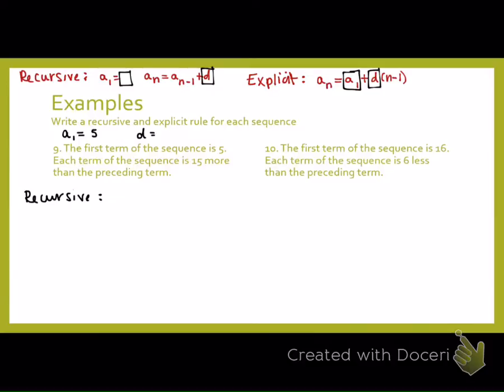What is my common difference, Iris? So D is 15. Very good. So Morgan, then, what is my recursive formula? Good.